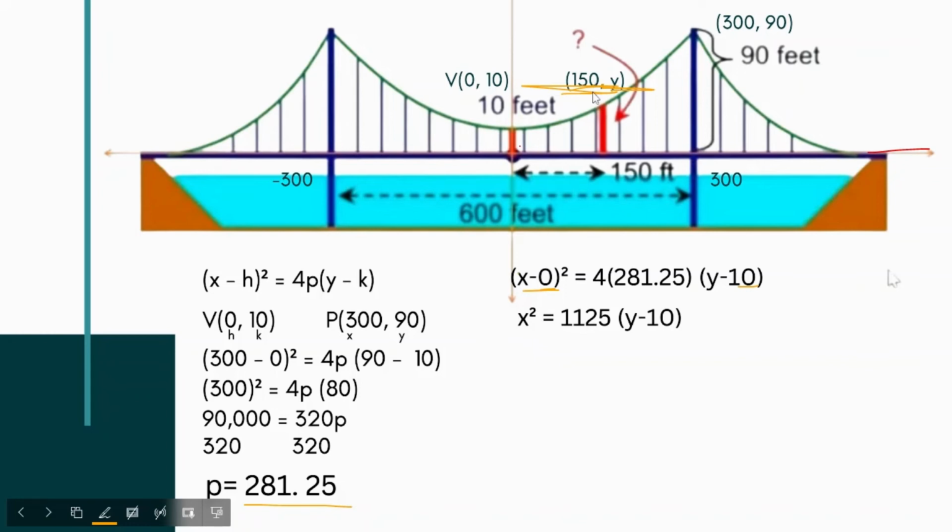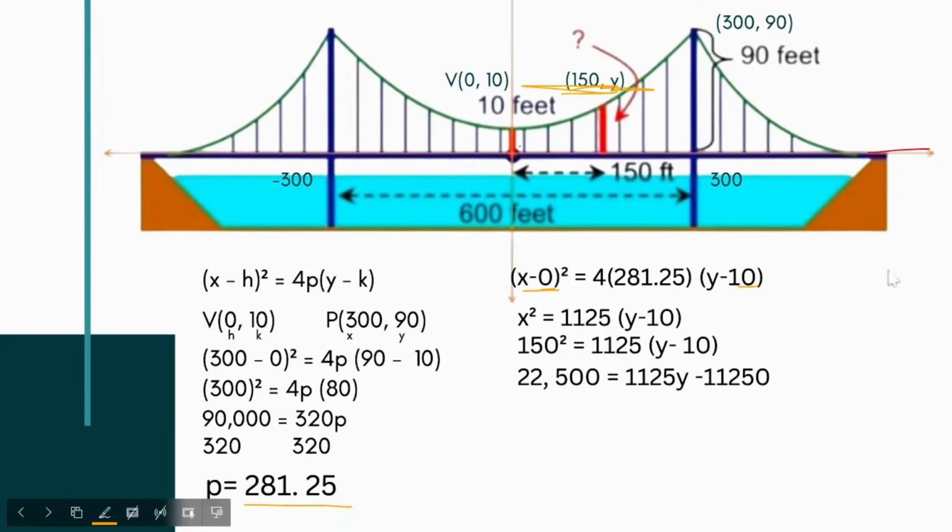We're going to use the point (150, y). So 150 squared equals 1,125 times y minus 10. 150 squared is 22,500.